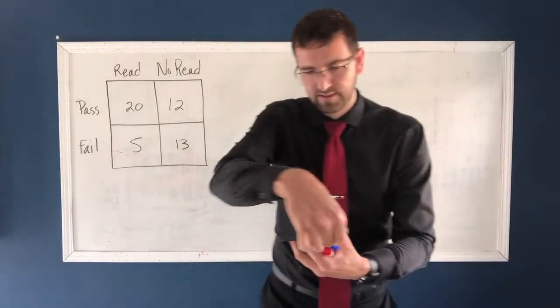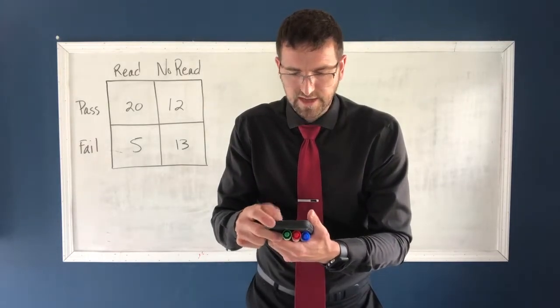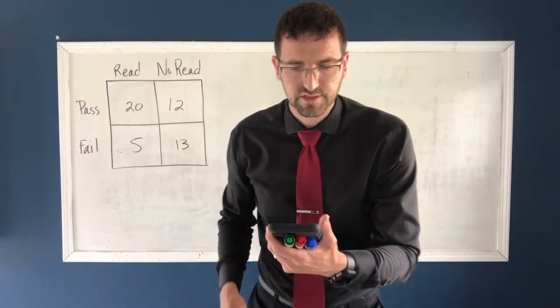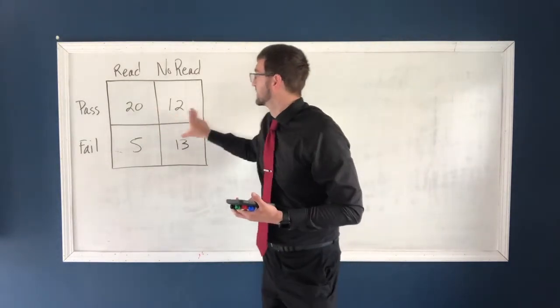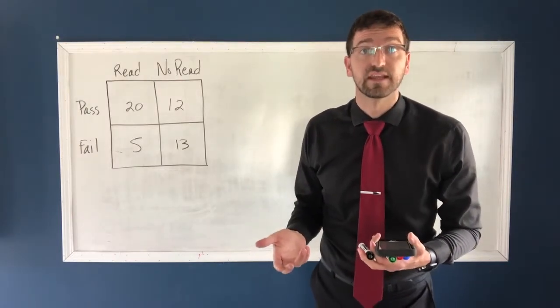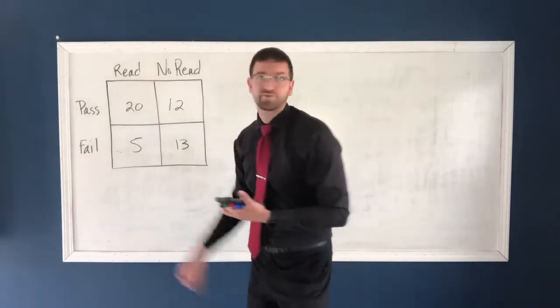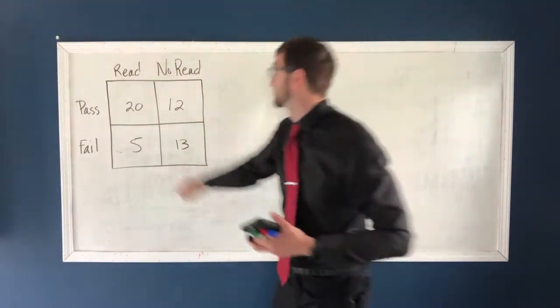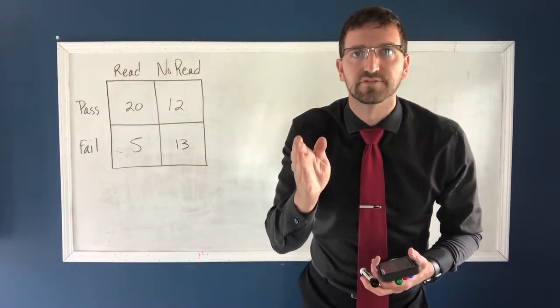So step one, we're going to find the expected values. So these values in black are the observed values, meaning it's literally what was observed. Of the 25 who were randomly assigned to read the course textbook, 20 passed and 5 failed. We actually observed those.